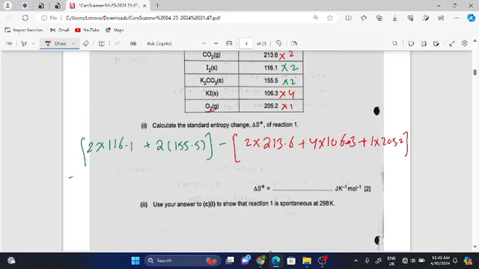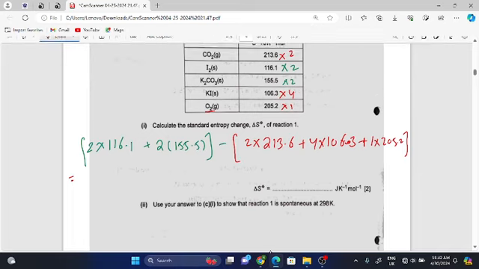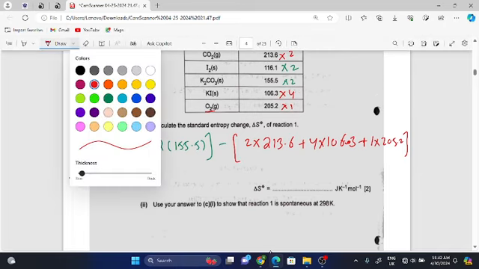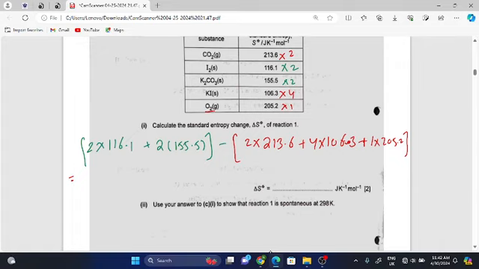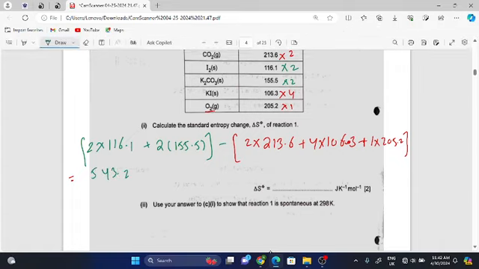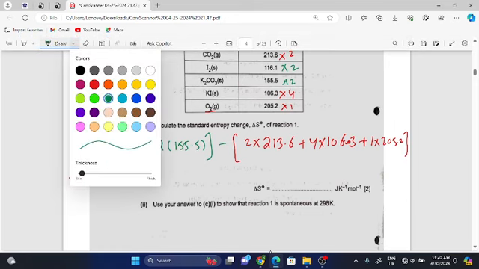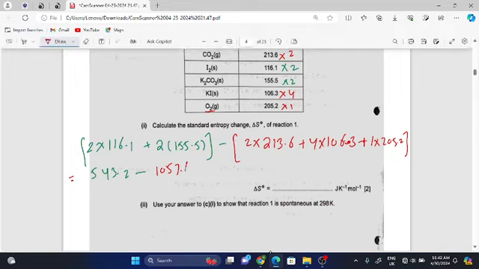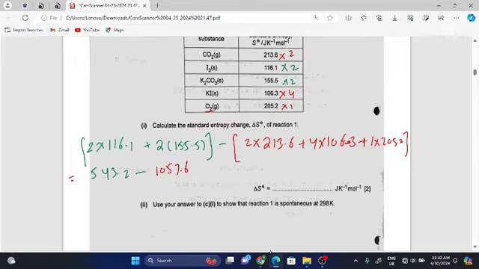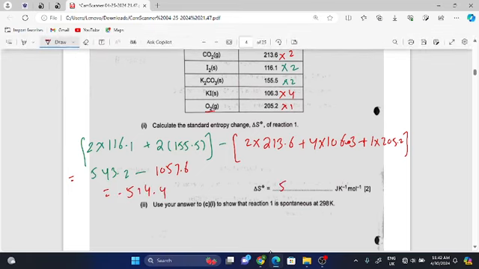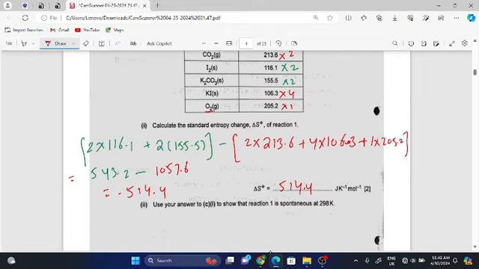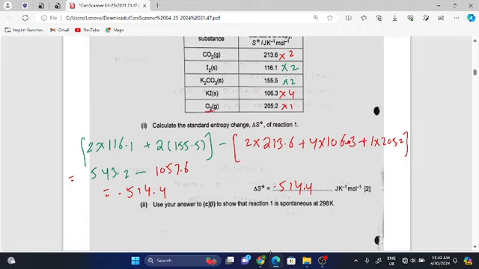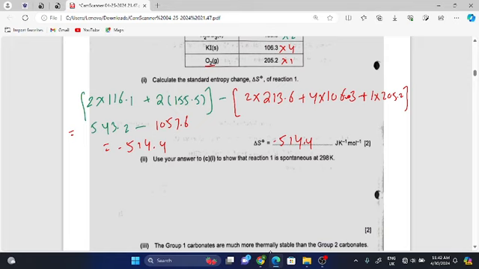Solve on the calculator, then take the difference. The product side will give me 543.2. Minus the reactant side, which will give me 1057.6. Take away these two quantities and you get the answer negative 514.4. That is the entropy change.